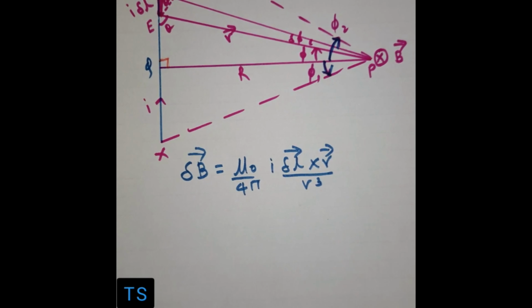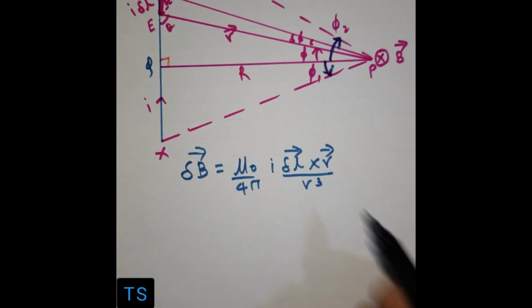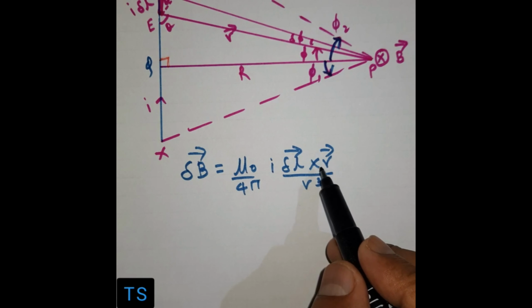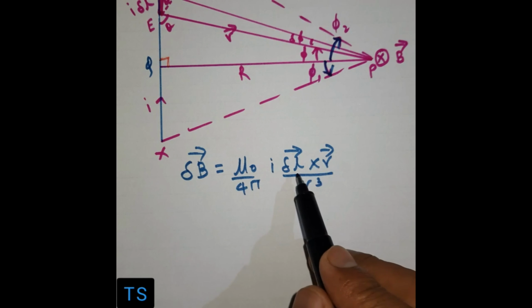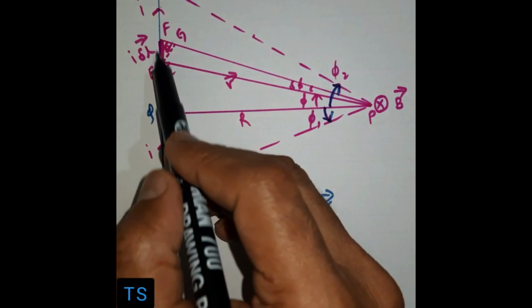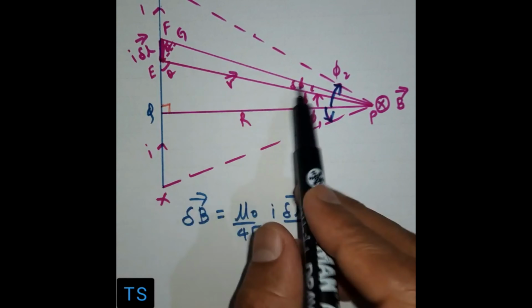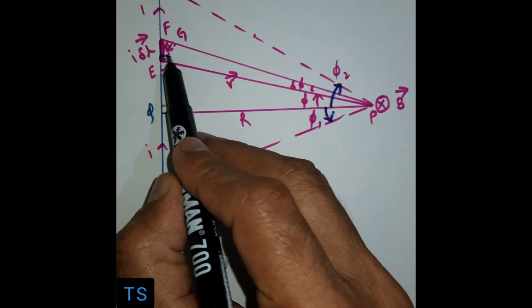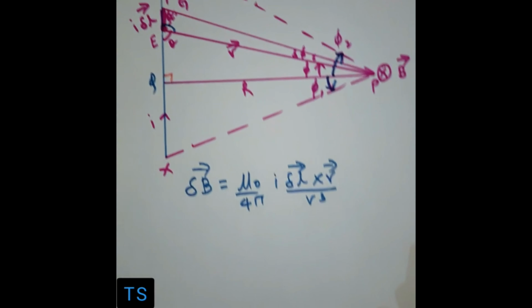This is the Biot-Savart law. If I convert this into magnitude, we want the angle between I dl bar and R bar. That means we need this particular angle, so that will be 180 minus theta.